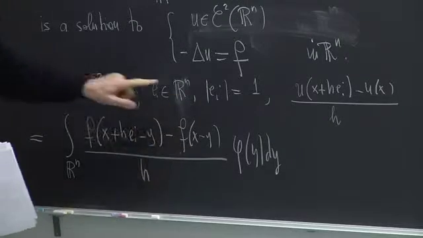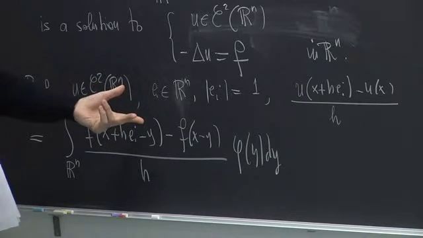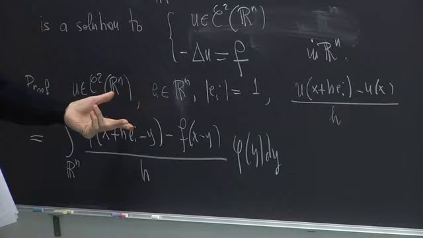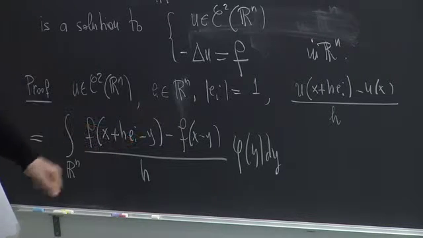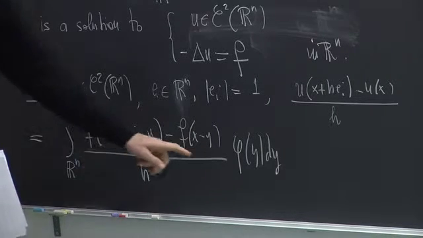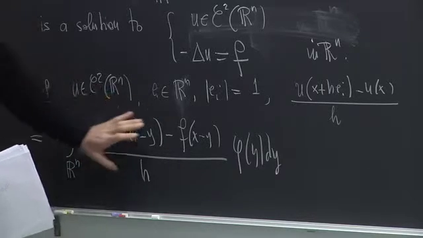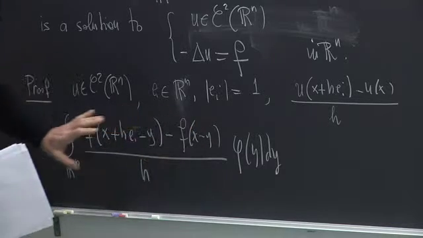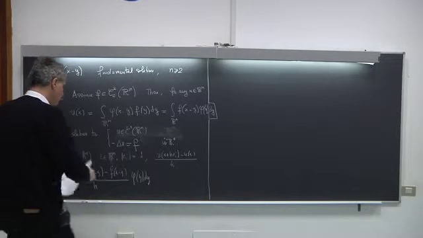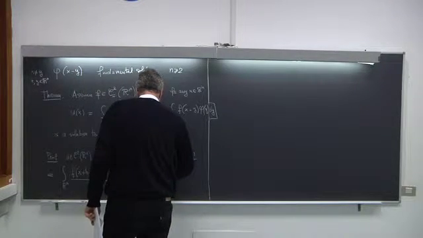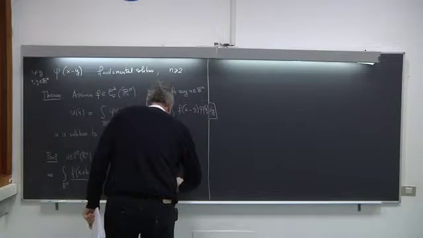Therefore, as h goes to 0, this converges to the partial derivative with respect to x_i of f at the point x minus y. And therefore, because f has compact support of class C2, we can pass to the limit under the integral sign. So this is actually homework, but just a sketch.